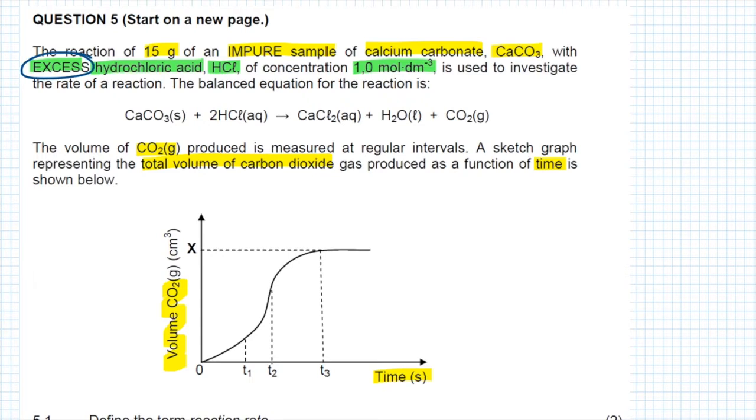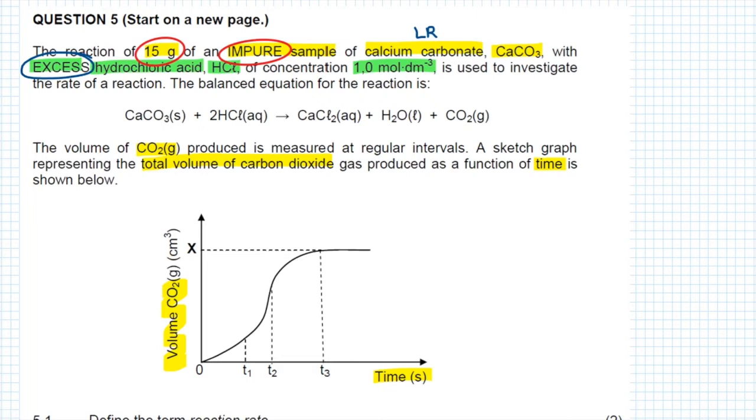This indicates to us that the calcium carbonate, specifically the pure calcium carbonate in the impure sample, is going to be the limiting reagent. We remember that since this is an impure sample, we may not use the 15 grams in our stoichiometric ratio, so we can't convert this to number of moles and then use that number of moles in the stoichiometric ratios because it is an impure sample.